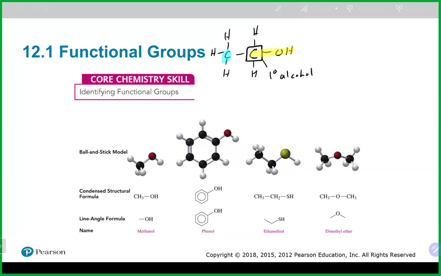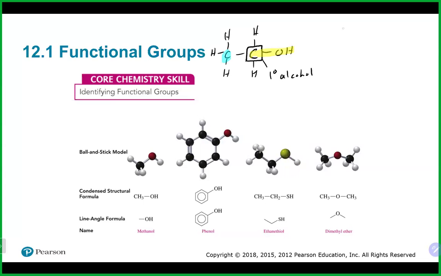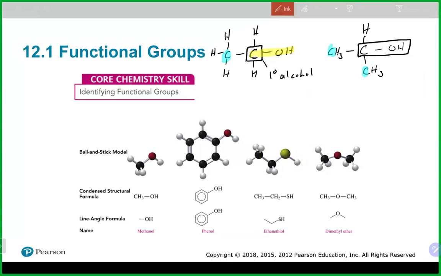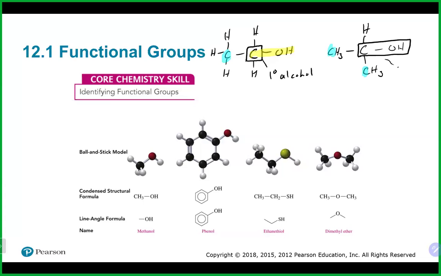You could also have a secondary alcohol, and much like the carbon that we talked about previously, I'll just do it this way maybe. This again is our carbon that has the OH group attached to it, and directly attached to that guy, as you can hopefully see, is 1 carbon and 2 carbons. So this would be a secondary alcohol in this particular case.